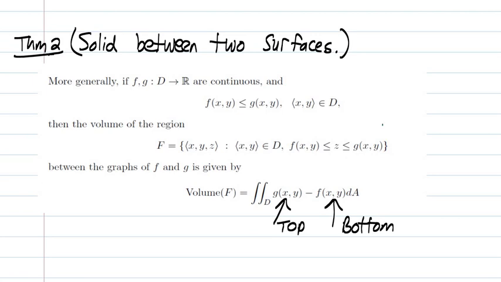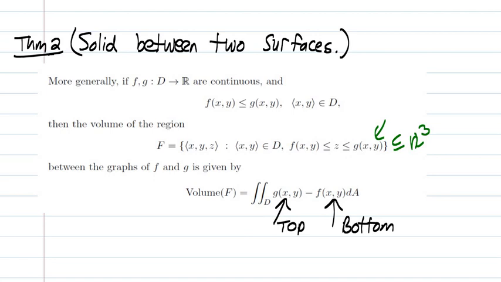So characterized like this in set notation. So it is the solid between the graphs f and g. Then you can show using Riemann sums that the volume of the solid is equal to the double integral over region D of the top surface minus the bottom surface dA.